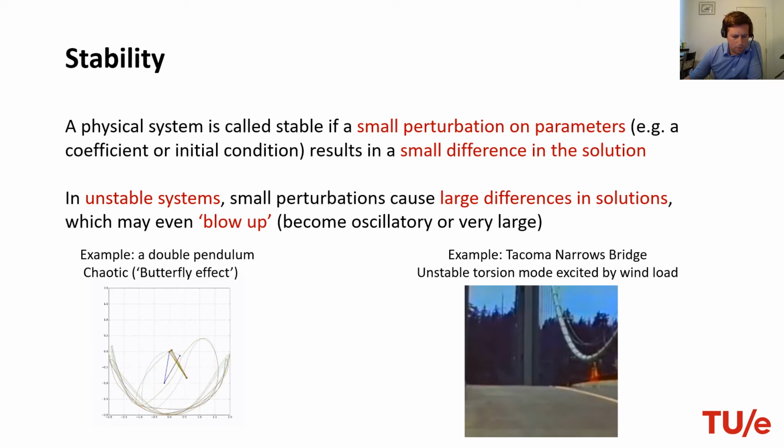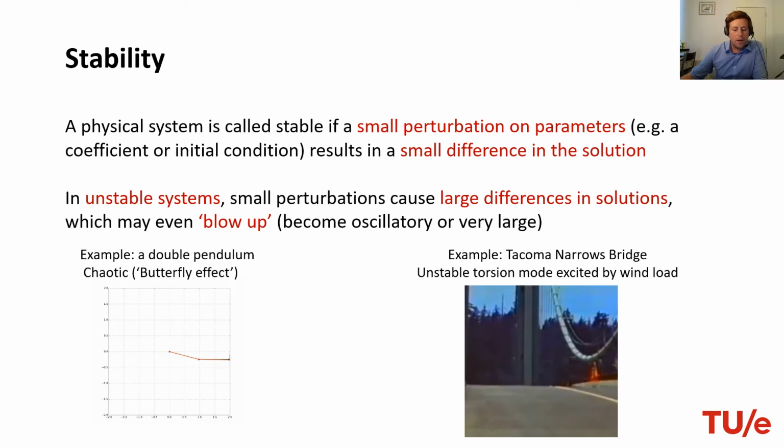Although they start out similarly, after a short while, this small perturbation on the initial condition results in them having completely different trajectories. This is what we call a chaotic system, which has extreme sensitivity to initial conditions, which is also related to the famous butterfly effect in chaotic systems.